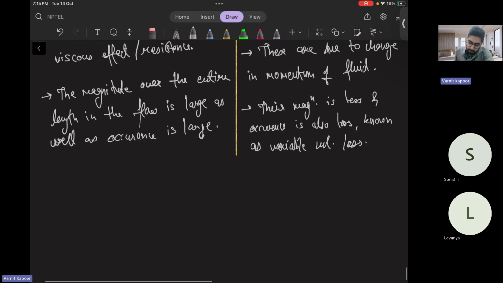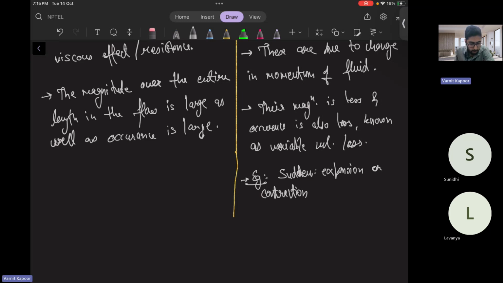Some examples are sudden expansion or contraction, entrance or exit loss, bend in the pipe, or pipe fittings like valves.